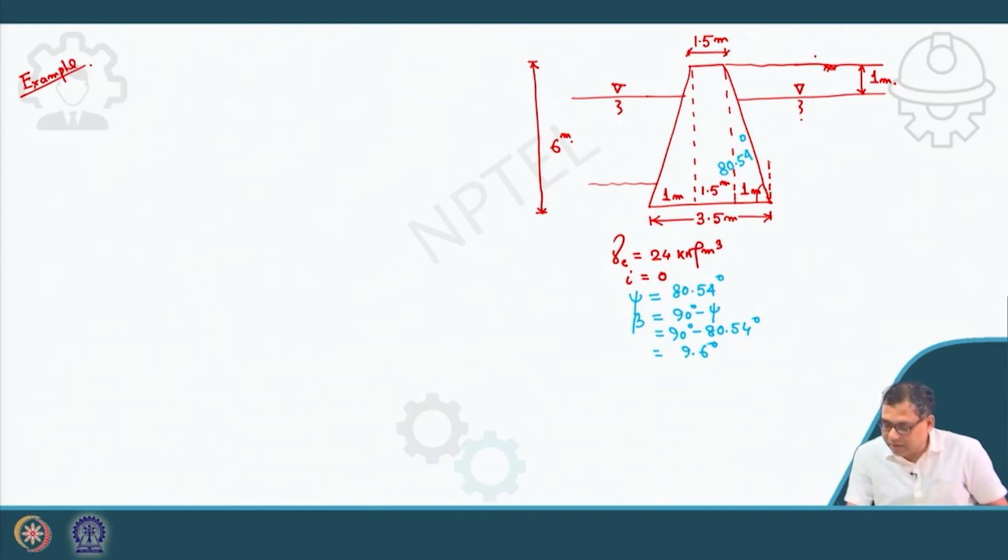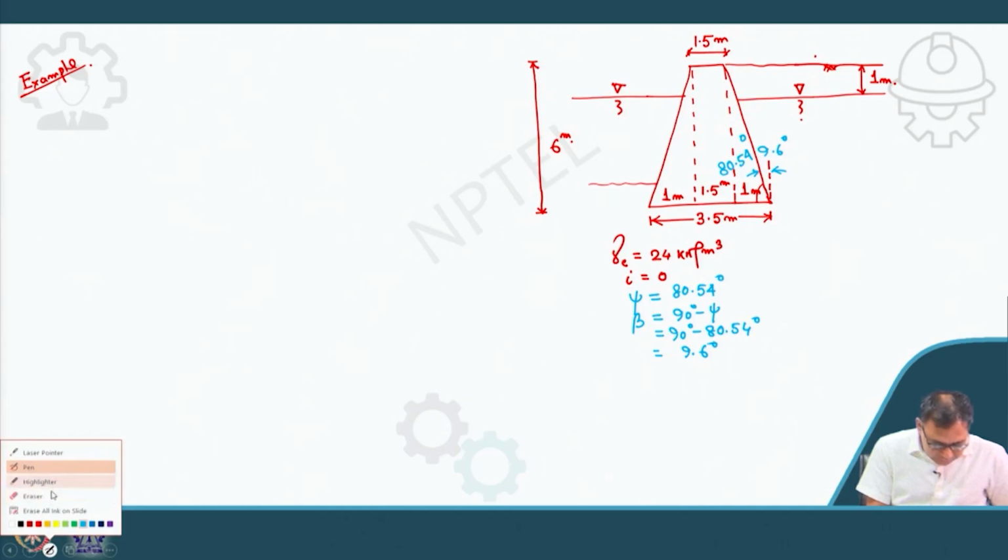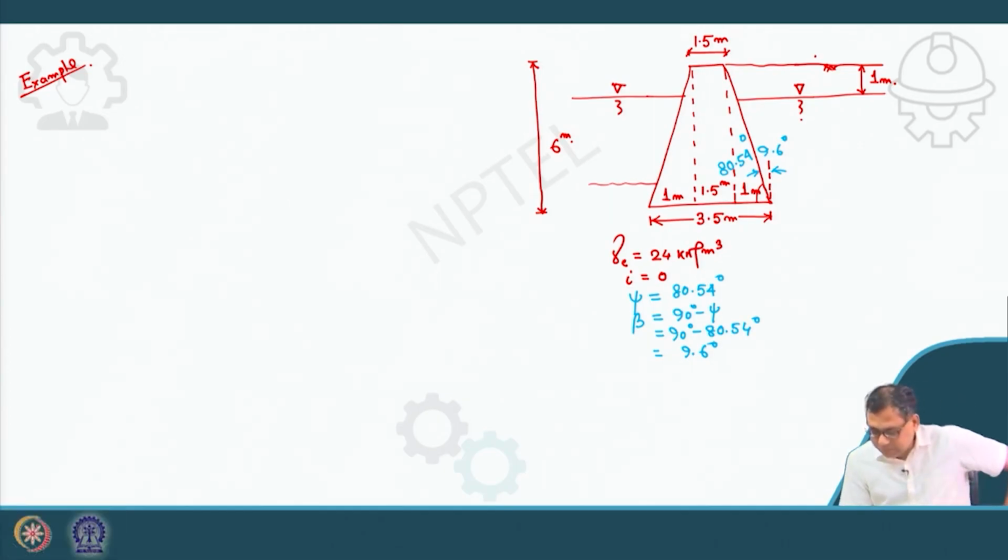So beta value is 9.6 degree, and psi is 80.54 degree. Now other values I am giving: your c value is equal to 0.